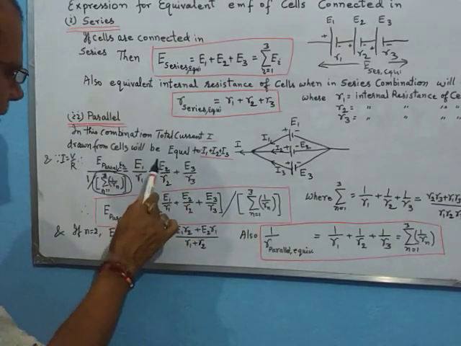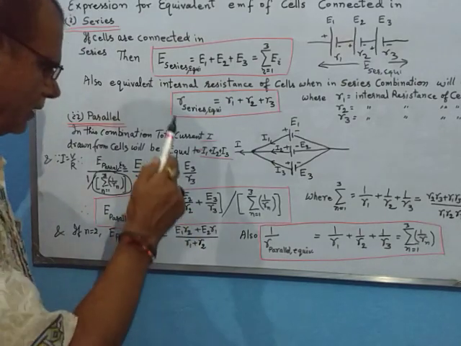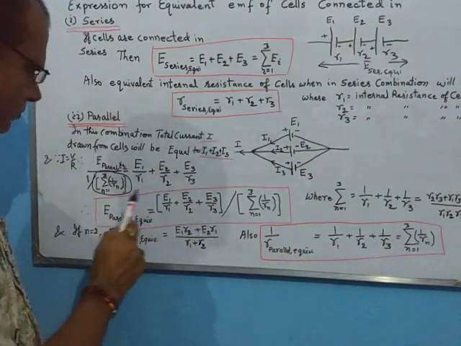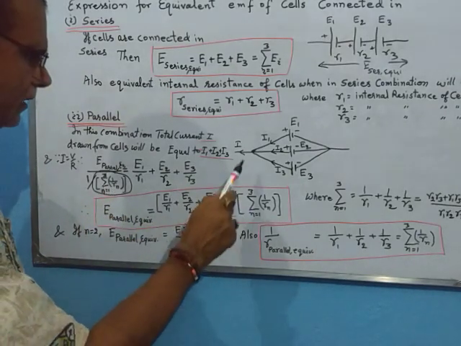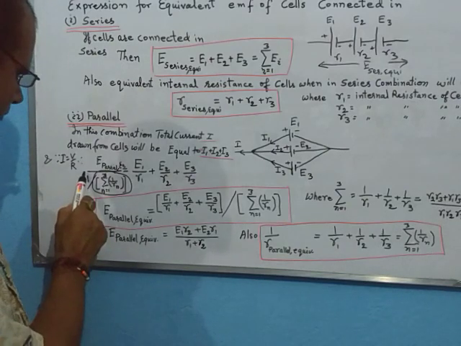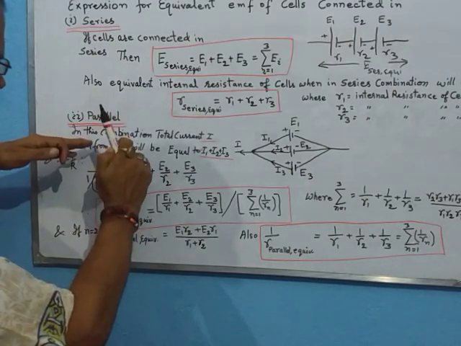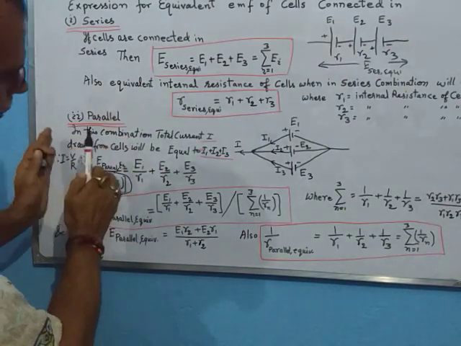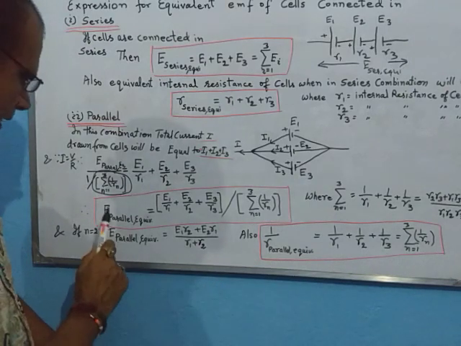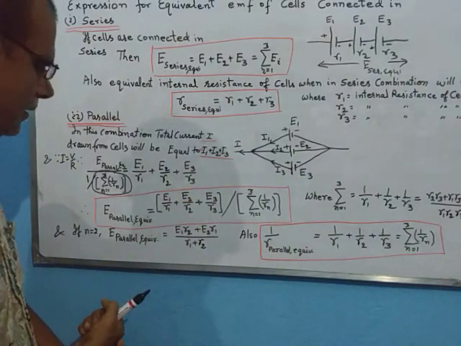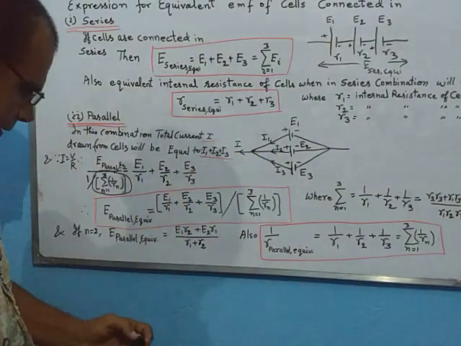So that means E1 by R1 plus E2 by R2 plus E3 by R3, whole divided by summation n is equal to 1 to 3 of 1 upon Rn. Because it was in reciprocal form, you can think of it as going to the numerator, and from the numerator when you change the side it goes to the denominator. So this is the equivalent EMF of the parallel combination of the cells.